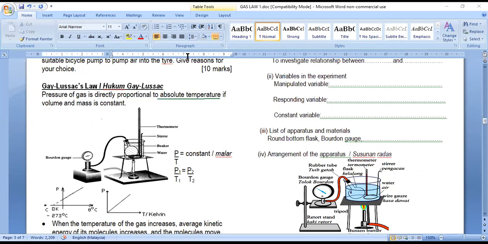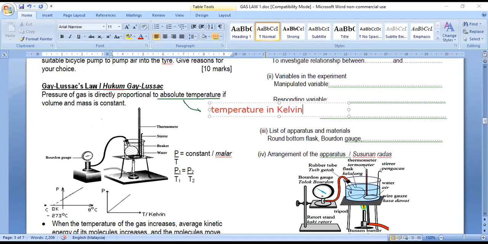The meaning of absolute temperature is temperature in Kelvin. So Gay-Lussac's law talks about the relationship between pressure and absolute temperature if volume and mass are kept constant.